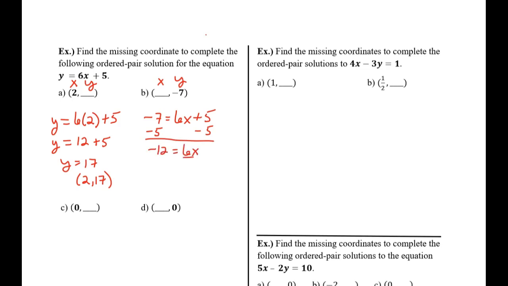Now I undo this multiplication with division. A negative divided by a positive will end up negative, so x must be -2. The ordered pair would be -2, -7.